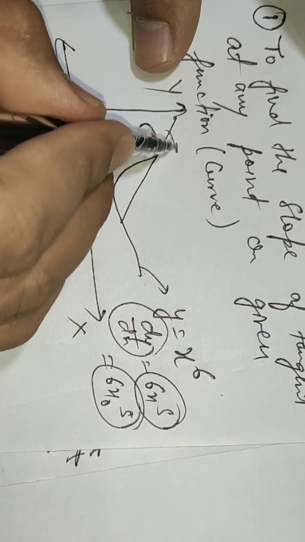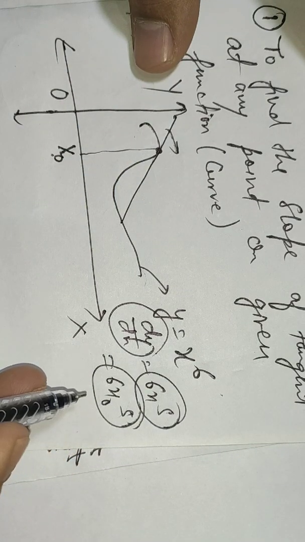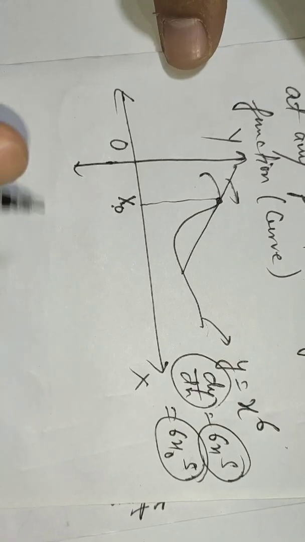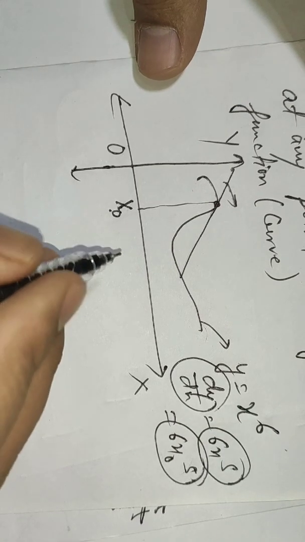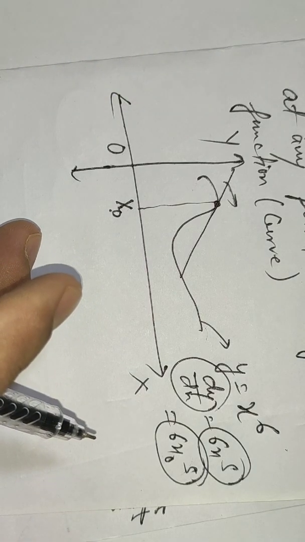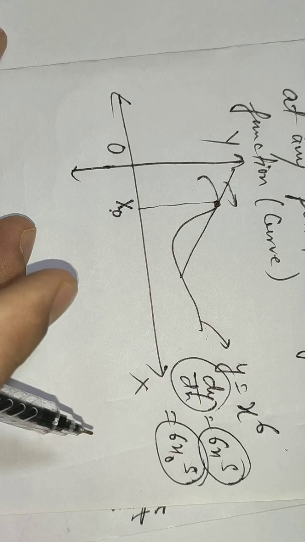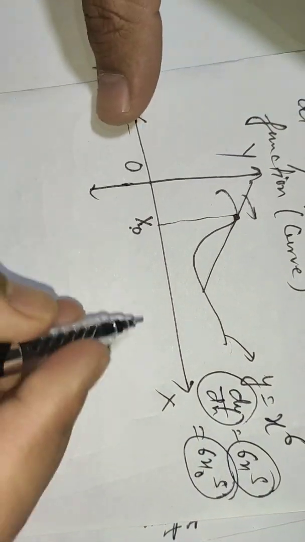So the slope of this tangent will be 6x naught power 5. This is the first basic application, which you are going to use in the straight line chapter, also in parabola, conic sections, and also in your physics chapter. This application is very important.